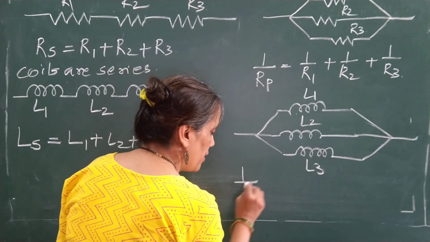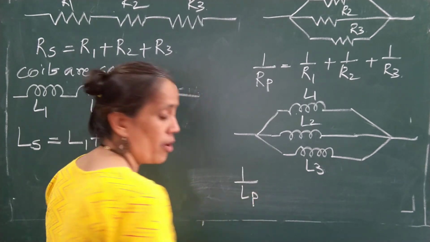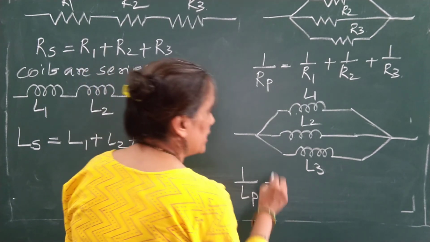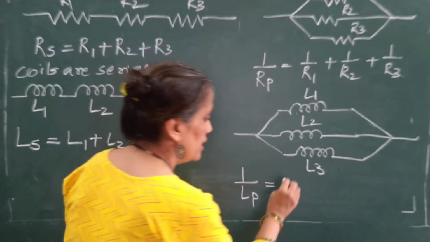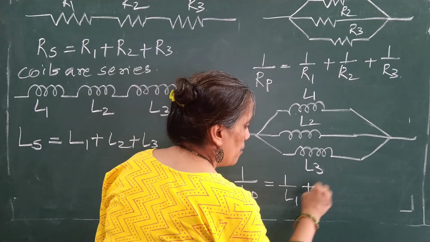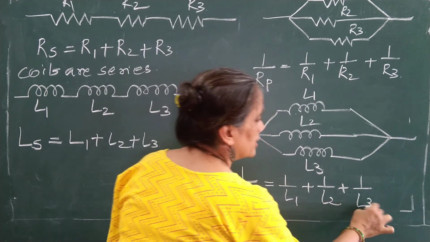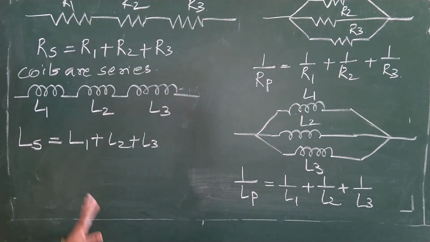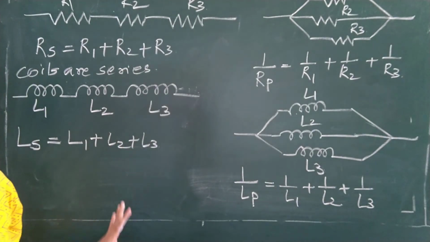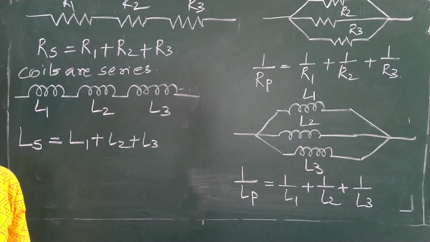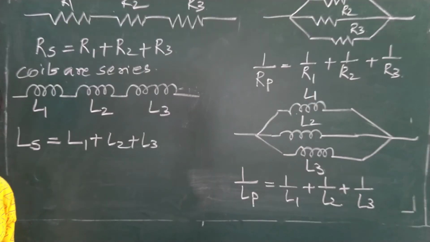Their equivalent 1 upon L_P can be written same as that of resistors, that is 1 upon L1 plus 1 upon L2 plus 1 upon L3. So this formula you have to remember for numerical problems. Clear? Any doubt?